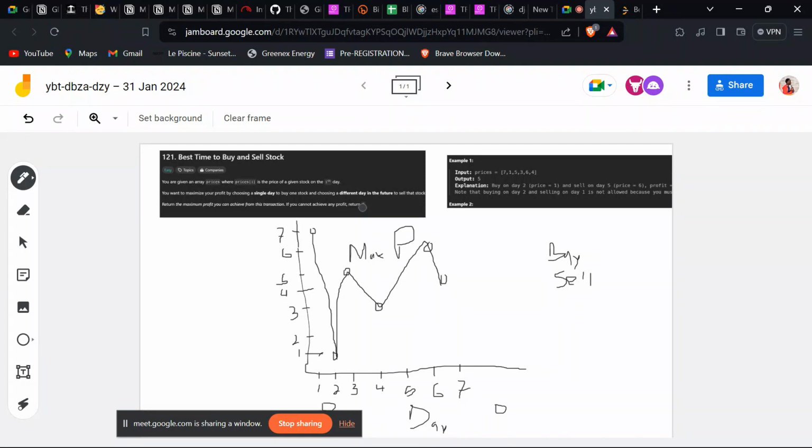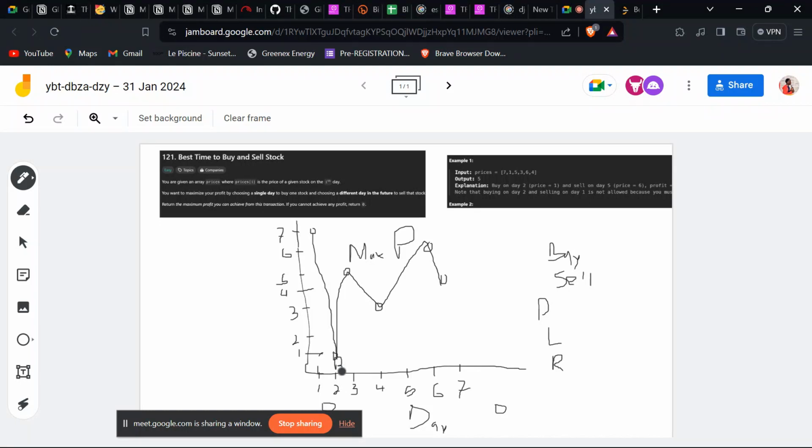And so which approach are we going to use here? You get to realize we need to initialize two pointers. We'll have the left pointer, and then the right pointer.